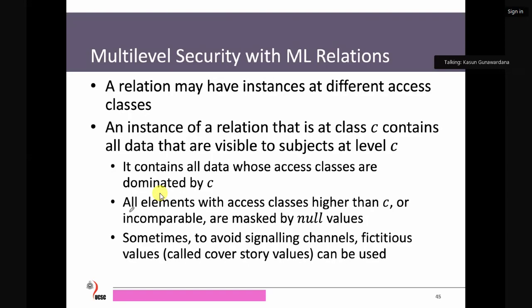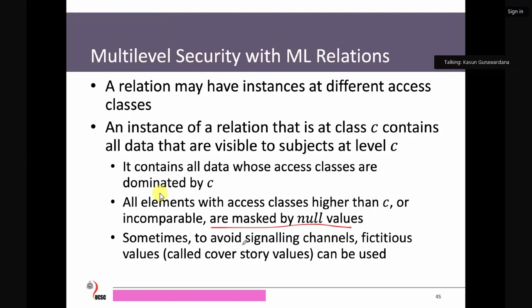So that is how the level is dominated. All elements with access classes higher than C or incomparable are masked by null. So all the data which is at a higher level or maybe incomparable are masked by a null value. So the values will be set to null.